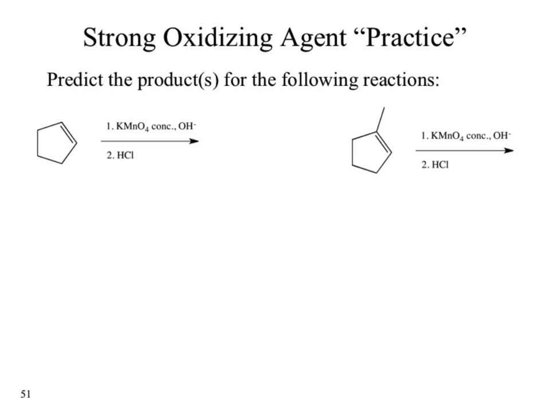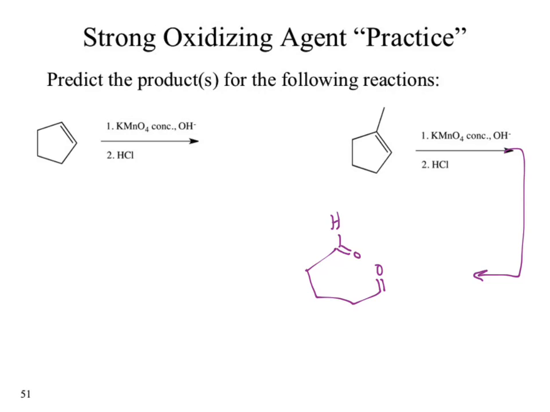Because when we look at the next question, what do we have? Don't erase everything. We do our initial oxidation by stretching that double bond. And we then have to decide, can I oxidize these further? To oxidize further, what do I need to have?